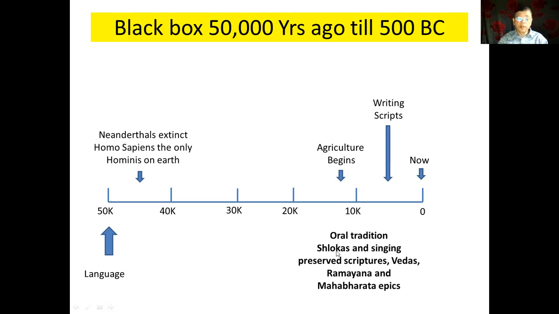The scriptures means thought, that developed thought, contemplation, and the outcome of that, whatever that knowledge was, was preserved. It was Vedas, Ramayana, and Mahabharata epics. They were all preserved in India by oral tradition, from generation to generation, because they started writing only rather recently.